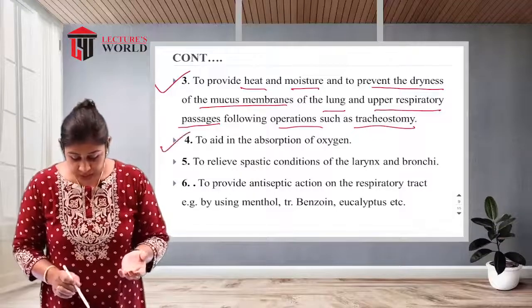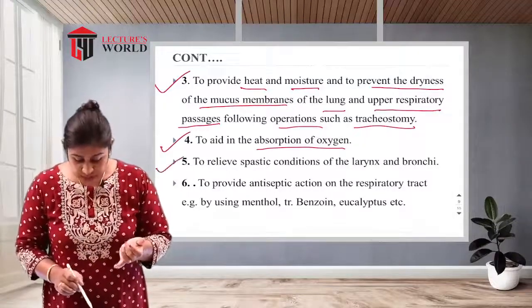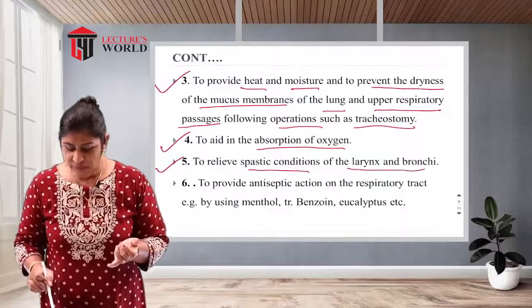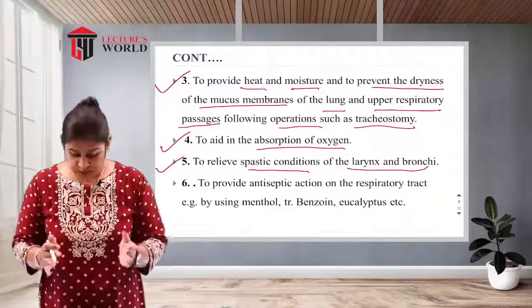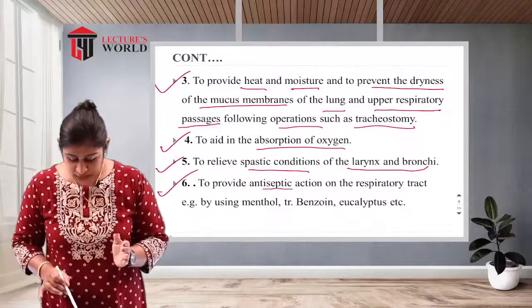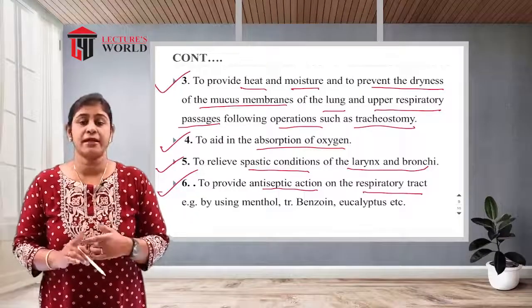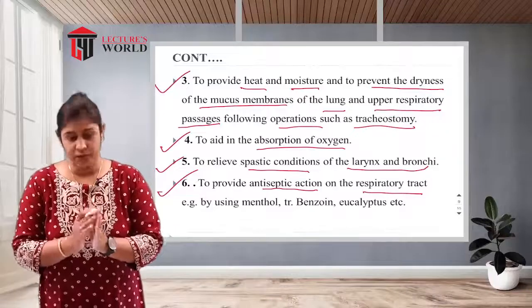Next is to aid in the absorption of oxygen. Next is to relieve spastic conditions of the larynx and bronchi. Next is to provide antiseptic action of the respiratory tract.